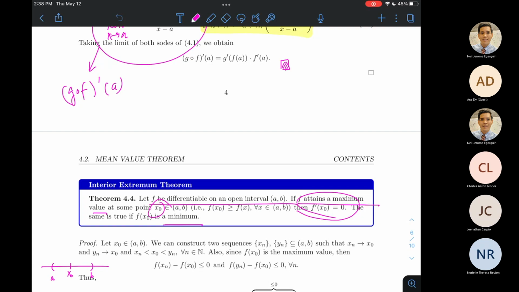So pwede nyo siyang gamitin without the requirement for a proof, unless siya talaga yung pinapaprove ko. So that means kung sa problem set or sa homeworks ay meron ako ipapakompute na derivative, pwede nyo gamitin yung mga techniques na natutunan nyo na from Math 36 without worrying about providing a proof.